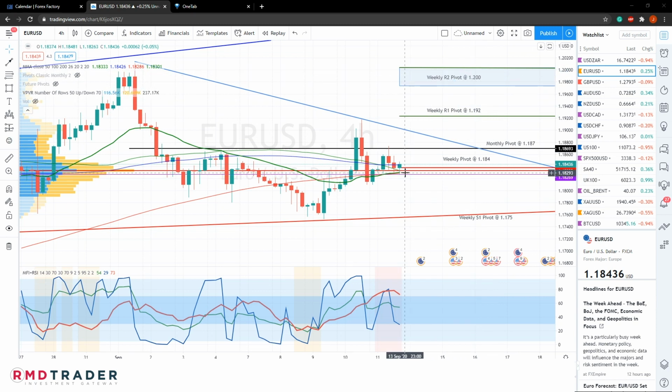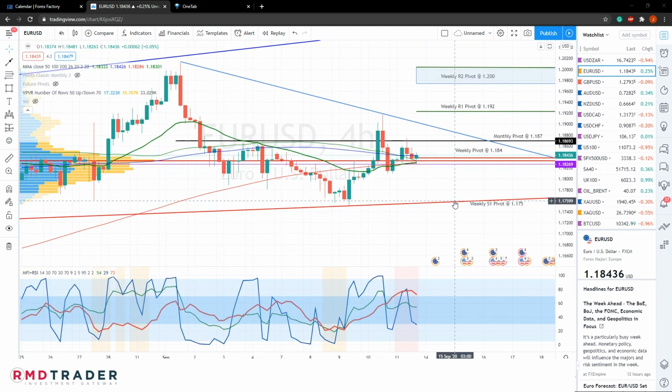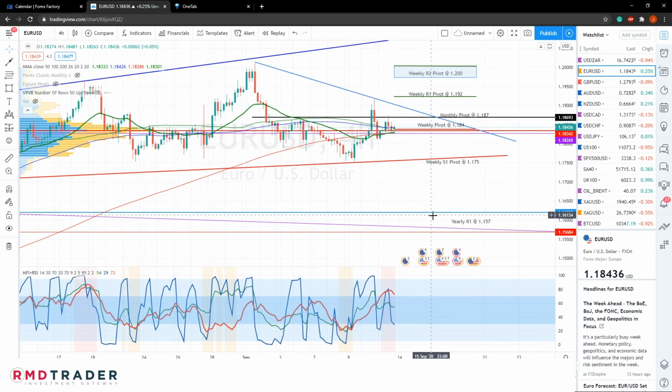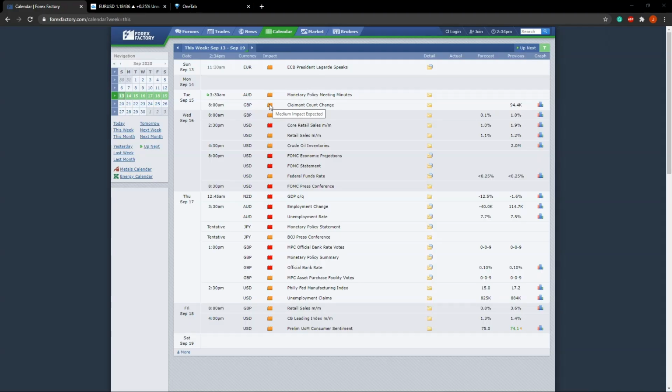If we see bearish price action or rejection from this level, we will likely see our weekly S1 pivot being tested, which coincides, as I've mentioned, with our lower diagonal. And if we see a break below that, it's likely that we will see price move much lower towards last month's pivot at 1.162, and that would be the blue line over here.